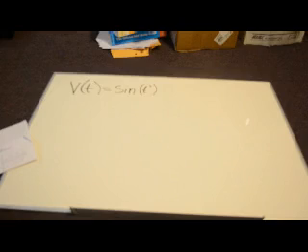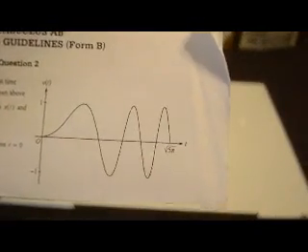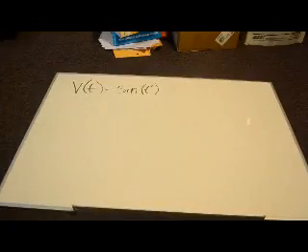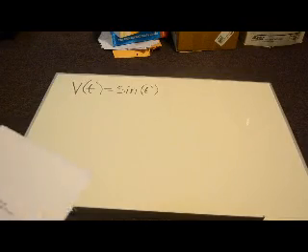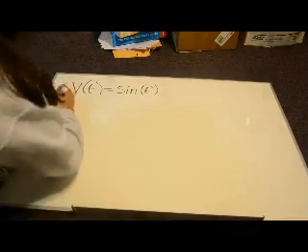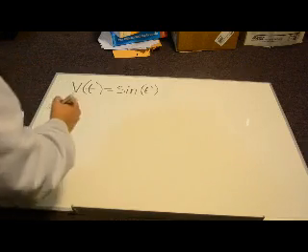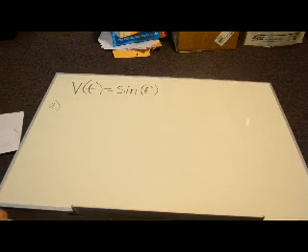That's the equation, and this is the graph of v of t. With that, in part A, we are supposed to find the acceleration of the particle at time t equal to 3.